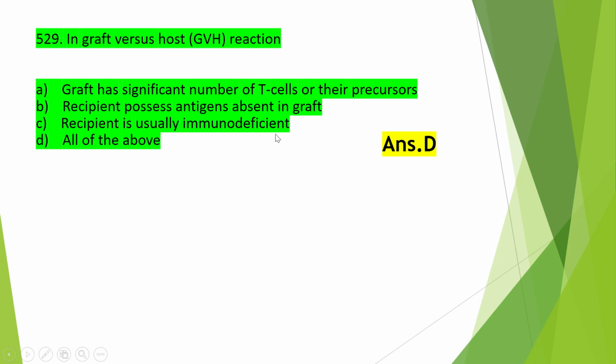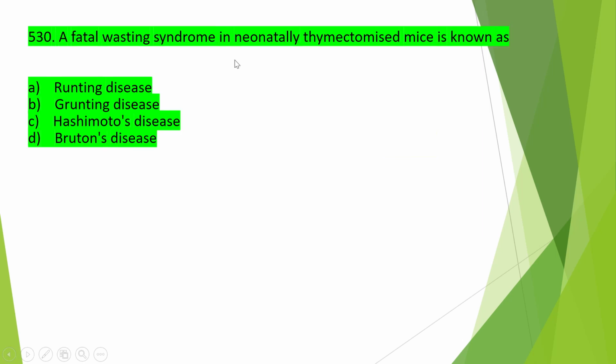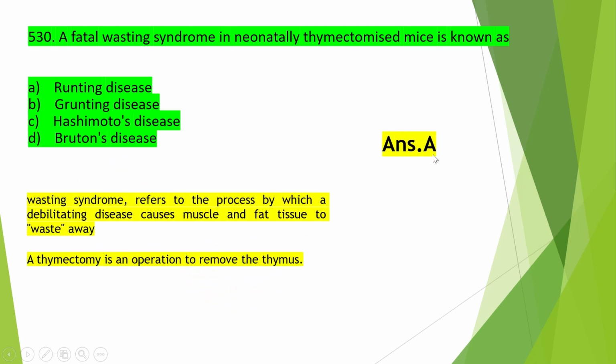Okay, so let's move on to question number 530, that is a fetal wasting syndrome in neonatally thymectomized mice is known as option A, Runting disease, option B, grunting disease, option C, Hashimoto's disease, or option D, Bruton's disease. And the right one is option A, that is Runting disease.